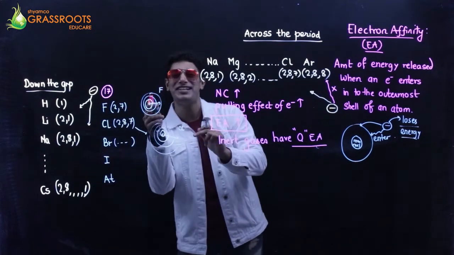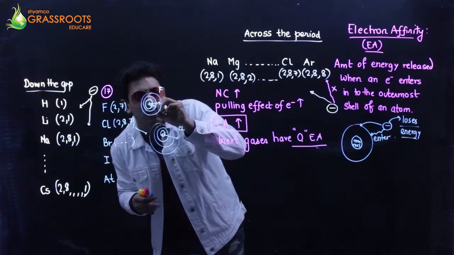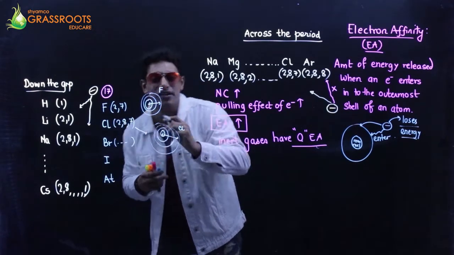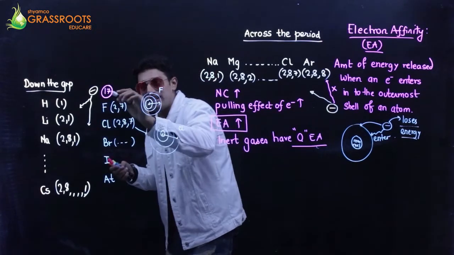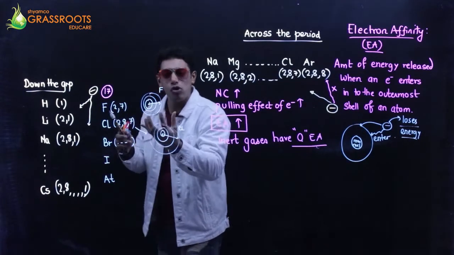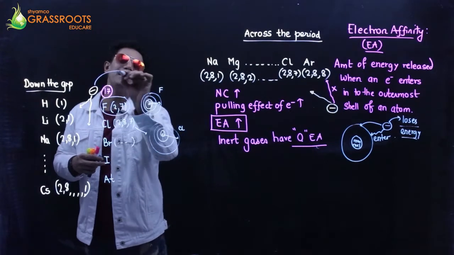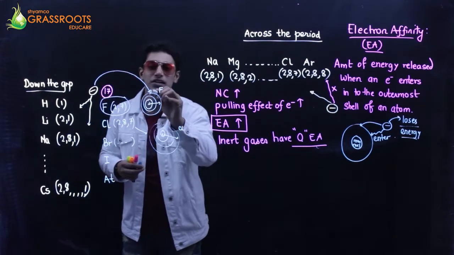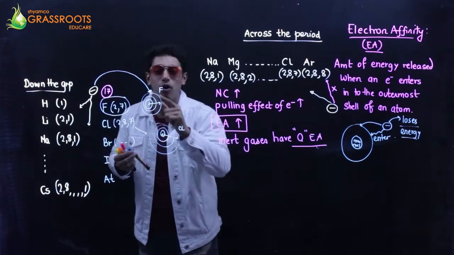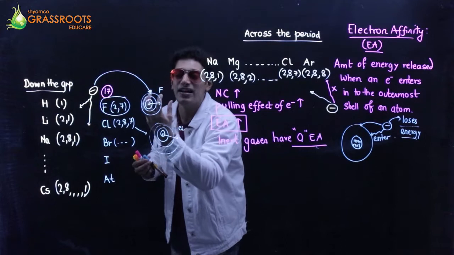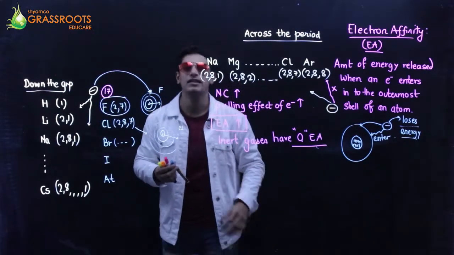The force of attraction in fluorine between the mother and the son is strong because of the small atomic radius. So tell me which will have a more pulling effect. I think it has to be fluorine. Fluorine will easily pull an electron to become stable because of the high electron affinity, the liking and the closeness, because the atomic radius is less.